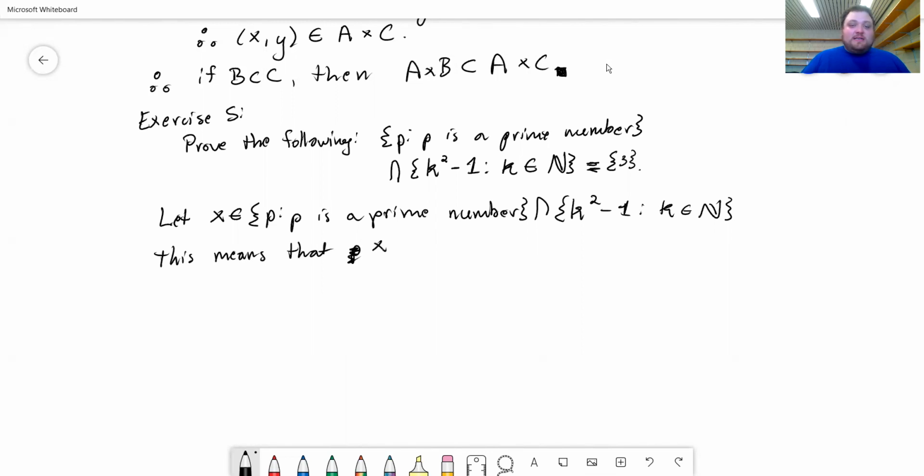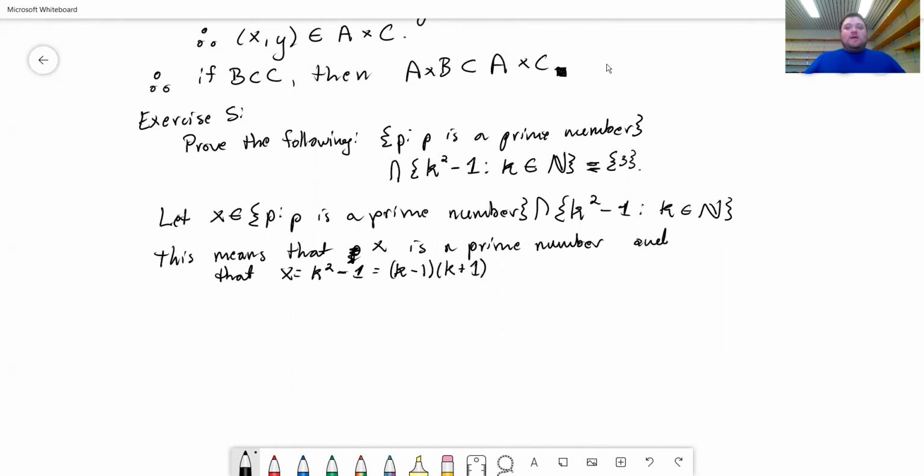that x is a prime number and that x is equal to k squared minus 1, which is equal to (k minus 1)(k plus 1).